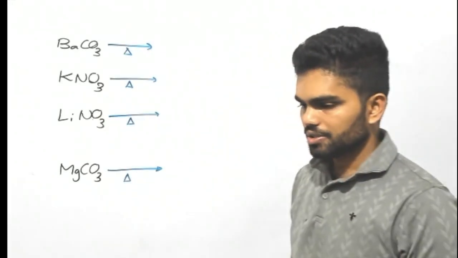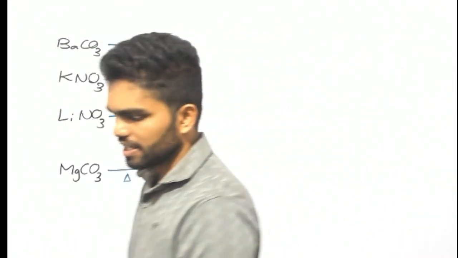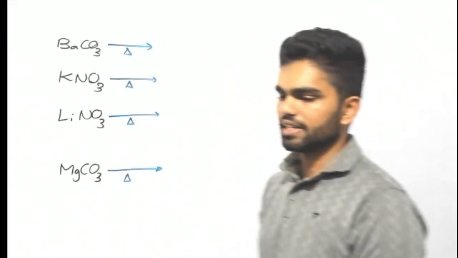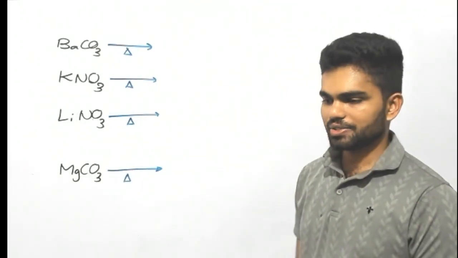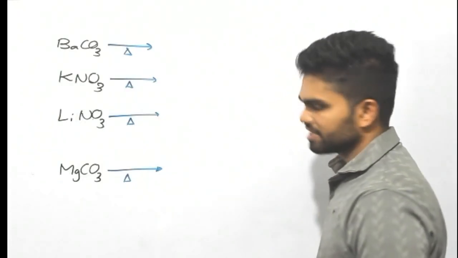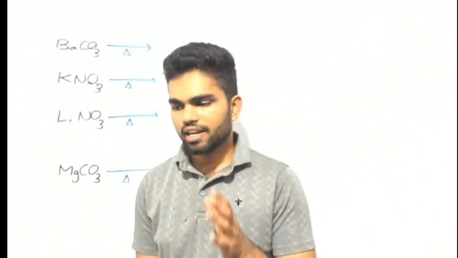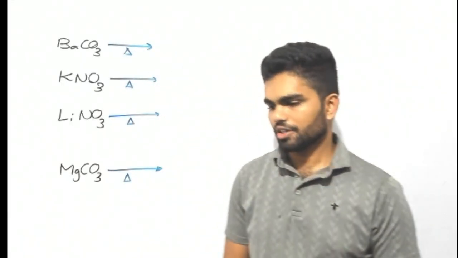So let's try to solve this problem. Before that, I'll write all the thermal decompositions of these reactions, so by that way we can start a good discussion. Now remember carbonate and nitrate thermal decompositions.